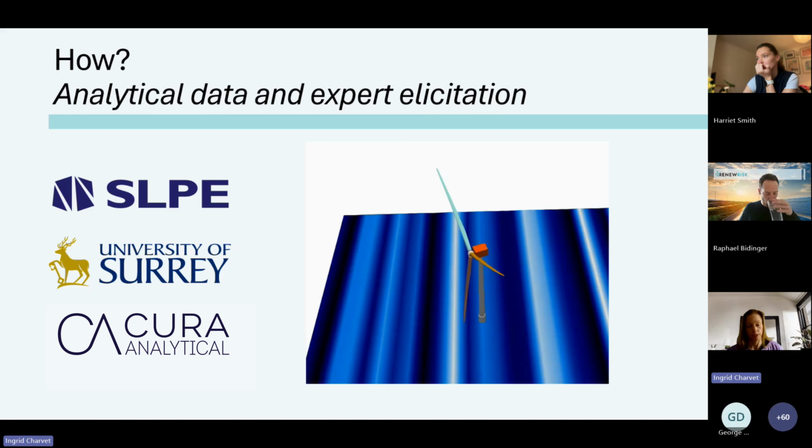For the analytical data, we are closely partnering with the University of Surrey and Professor Bhattacharya's group, who are leading researchers in offshore wind turbine behavior and foundation dynamics. We can see here an animation of a wind turbine under wave load from one of the Monte Carlo simulations carried out.